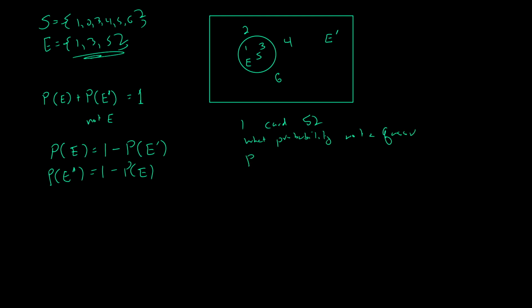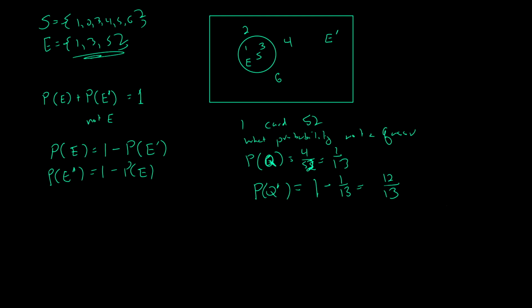Well, the probability of a queen: there are 4 queens out of the 52, or 1 in 13. So the probability of not getting a queen, the queen's complement, is 1 minus 1 in 13, or 12 out of 13. And so that's the probability of an event not occurring.